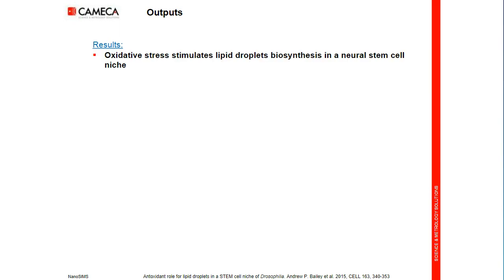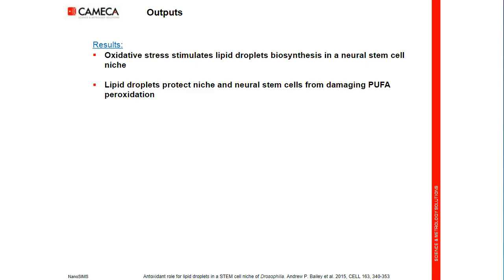So, the outputs, first on the results of the publication: the oxidative stress stimulates lipid droplet biosynthesis in a neural stem cell niche. Lipid droplets protect niche and neural stem cells from damaging PUFA peroxidation. And PUFA are less vulnerable to peroxidation in lipid droplets than in cell membranes.